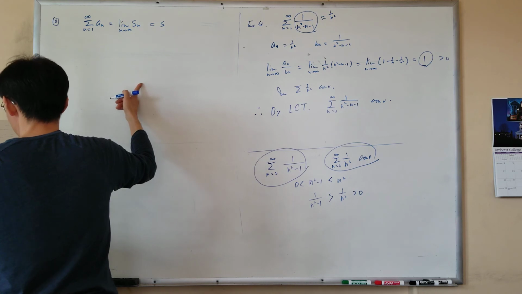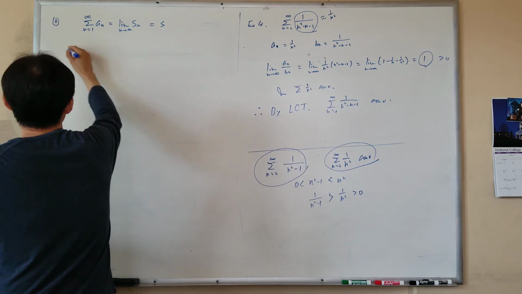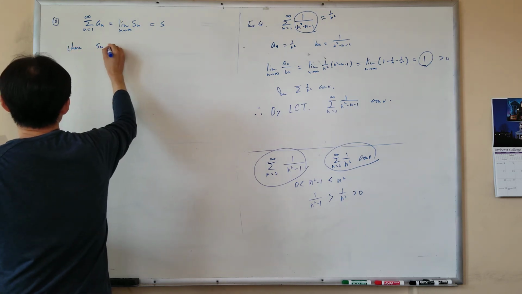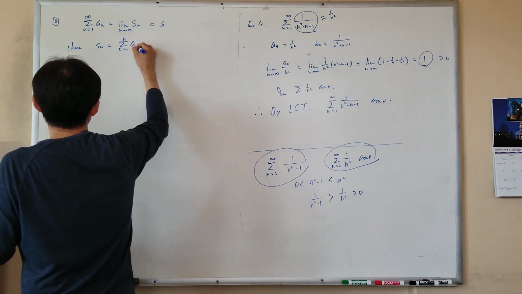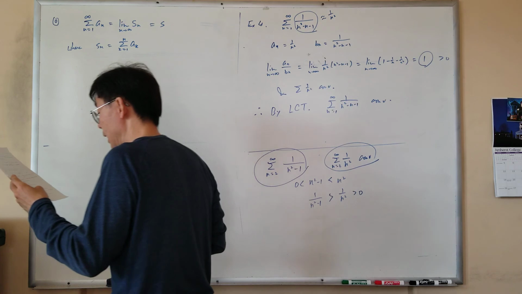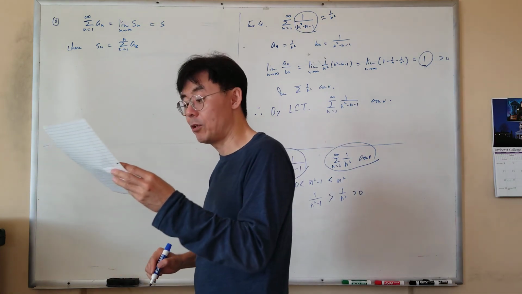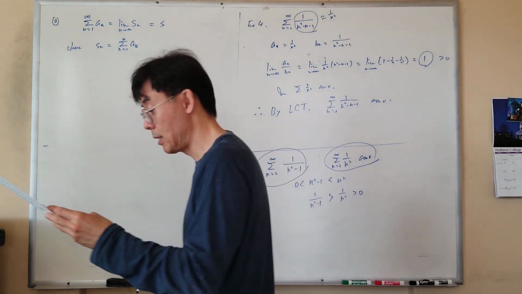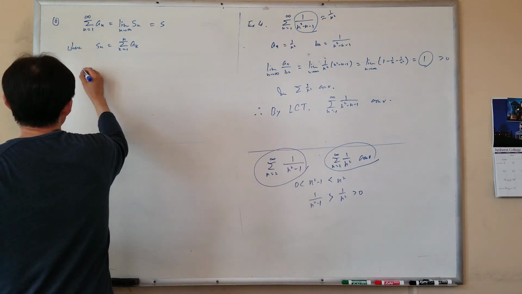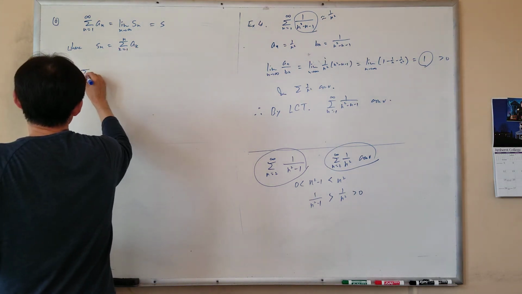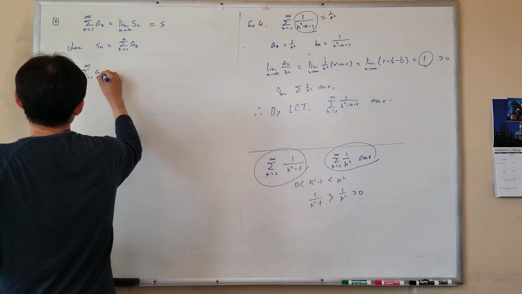Now, where your Sn is the sum of ak, k from 1 through n, or you can use ai. This is the nth partial sum sequence. Now that is S. Think about it.